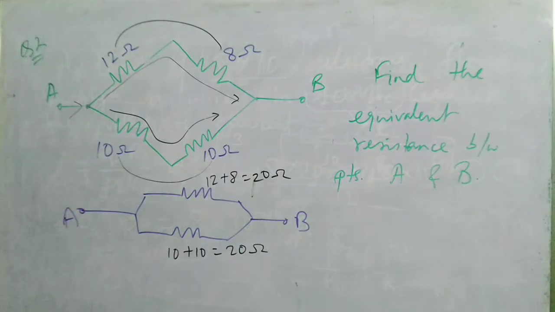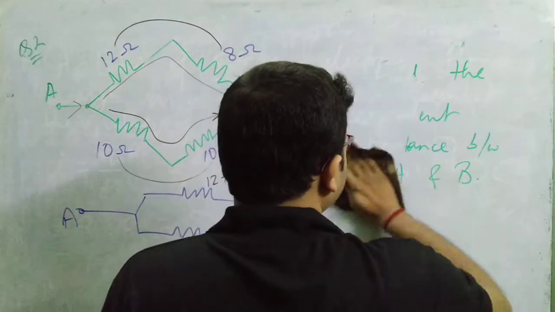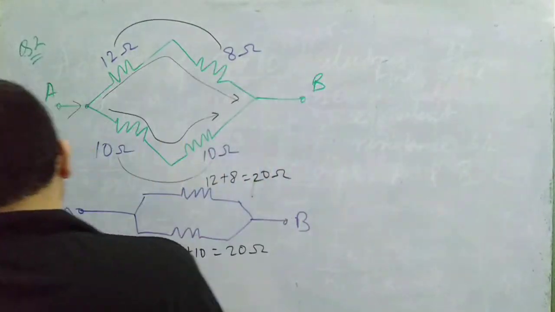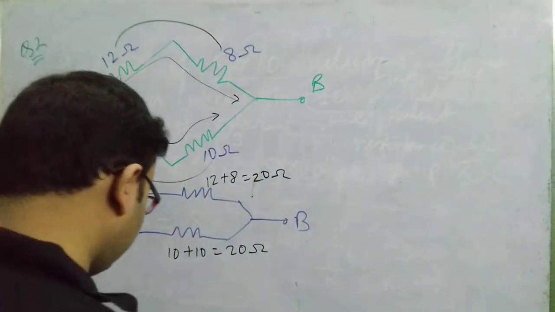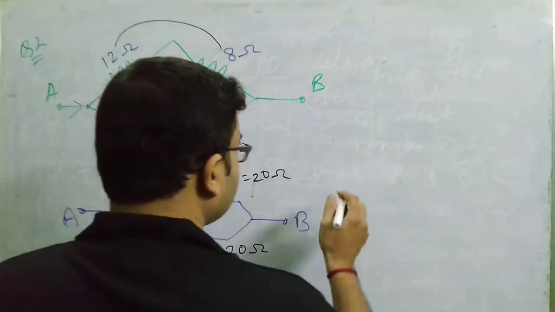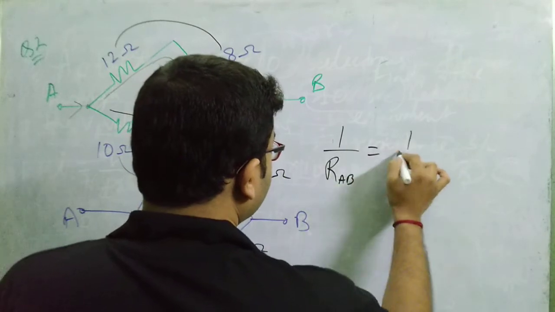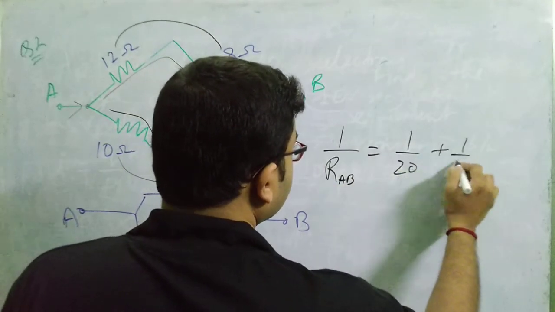Okay, so now see, there are two equivalent resistors, both 20 ohm, connected in parallel, isn't it? So considering this, I am going on to the next step. These two resistors are parallel, so what will be the equivalent resistance? Now we will apply the formula. Let us consider the equivalent resistance of the total circuit as RAB. It will be equal to 1 by 20 plus 1 by 20.